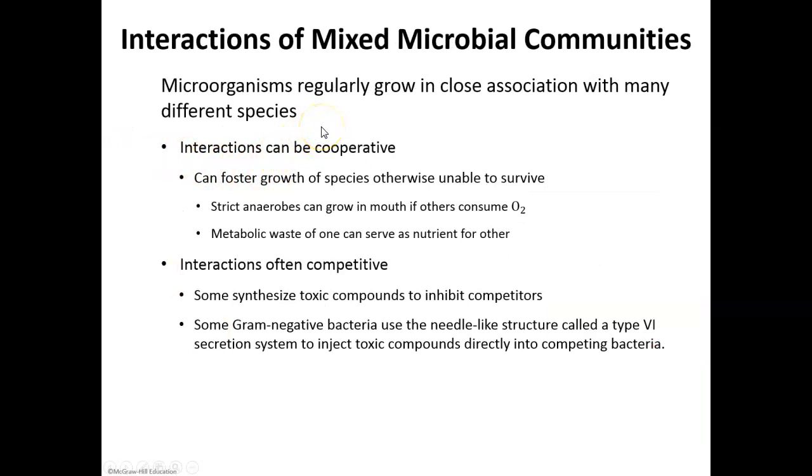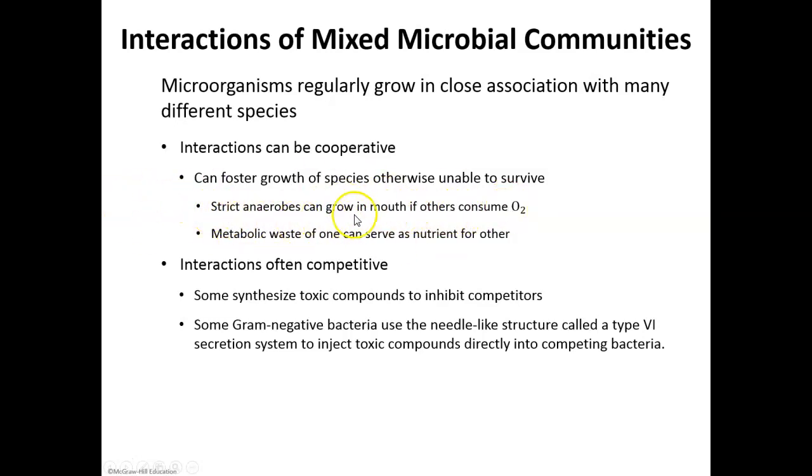In biofilms and microbial communities, the interactions between cells are often called cooperative. A cooperative interaction occurs when microbes work together. You might have anaerobic cells as well as aerobic cells in the same environment.